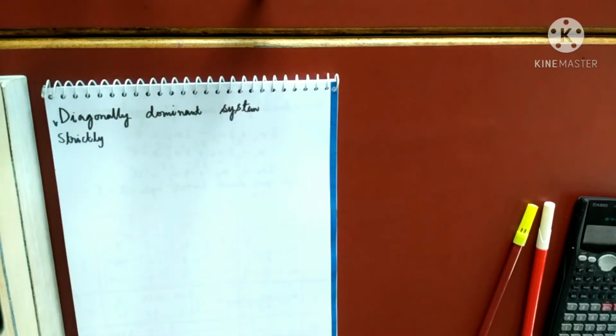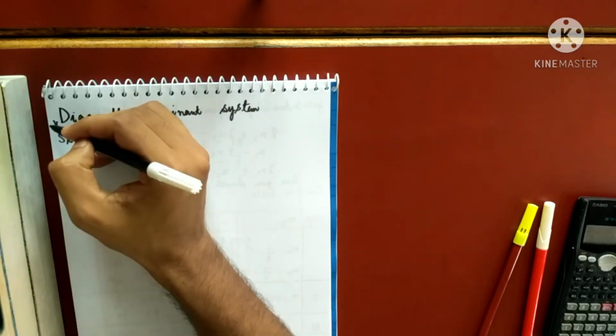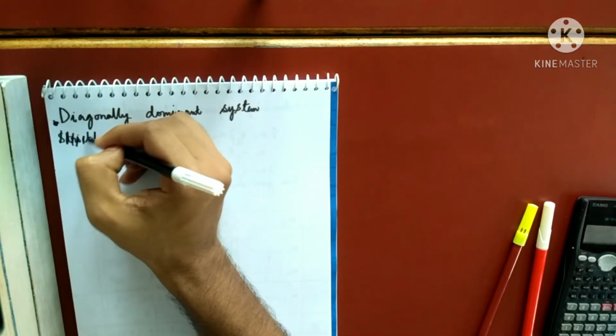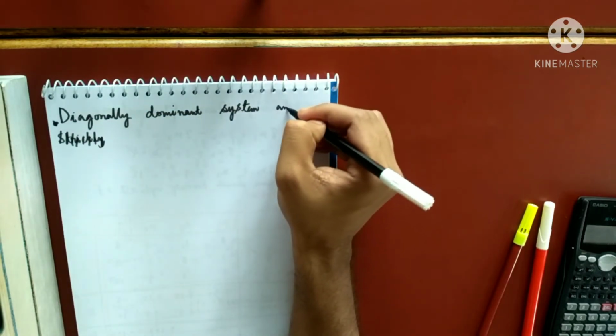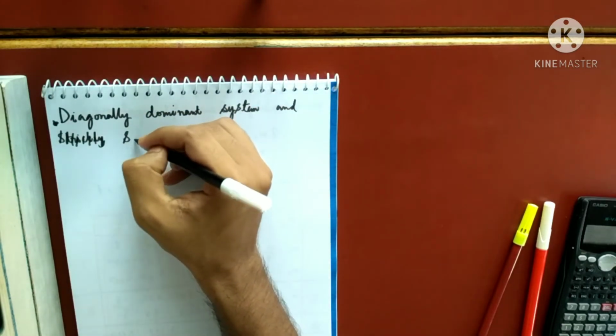So diagonally dominant system and strictly diagonally dominant system.